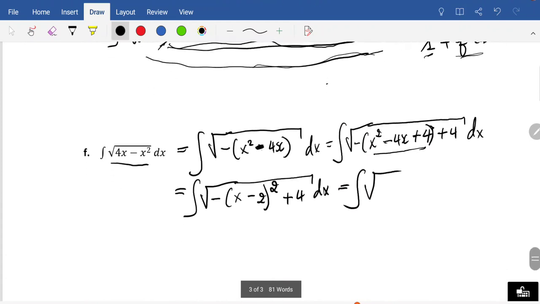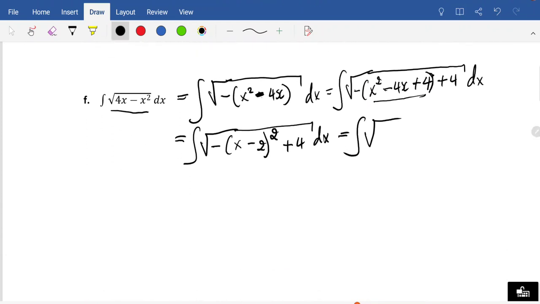Now moving on to the last example. Here we have the integral of the square root of 4x minus x squared.